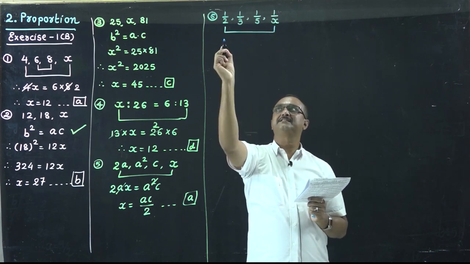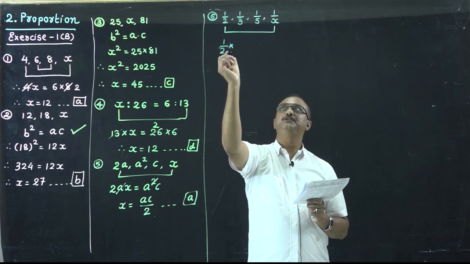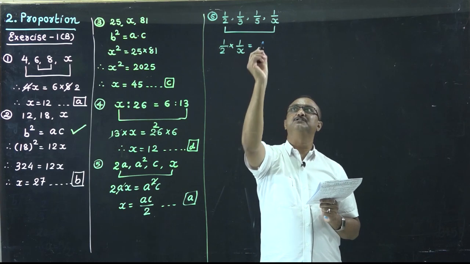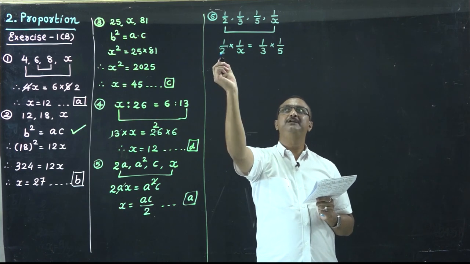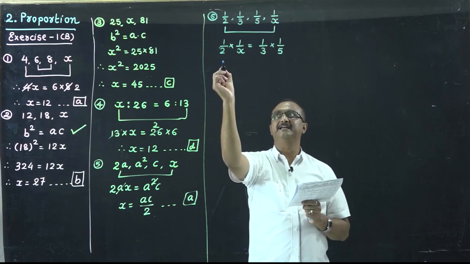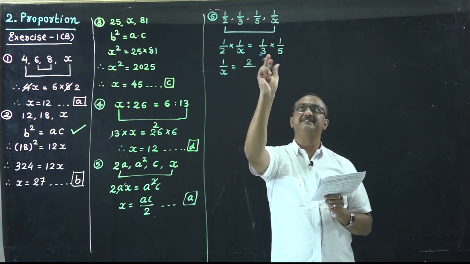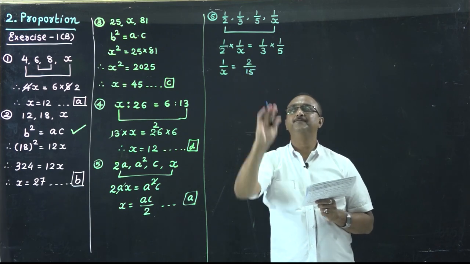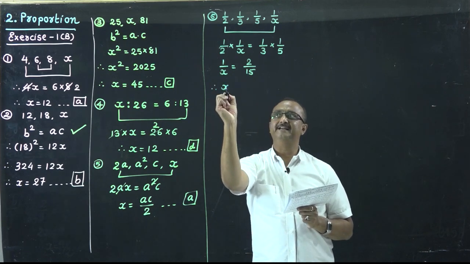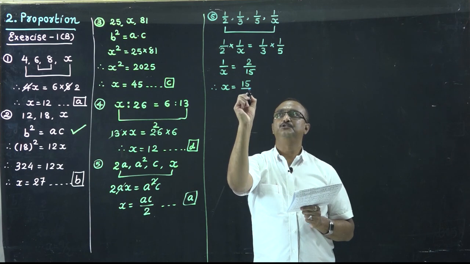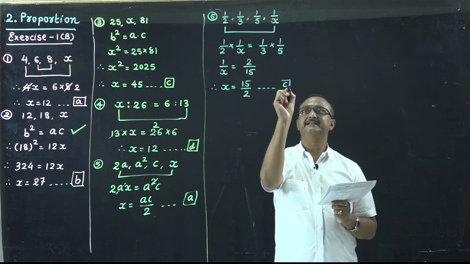Product of extremes: 1 by 2 into 1 by x is equals to 1 by 3 into 1 by 5. Okay, so moving 2 in denominator of right side and we will get 1 upon x equal to 2 divided by 15 (5 3s are 15). Okay, now taking reciprocal of both the sides and we will get x is equals to 15 by 2. So our correct answer is option C.